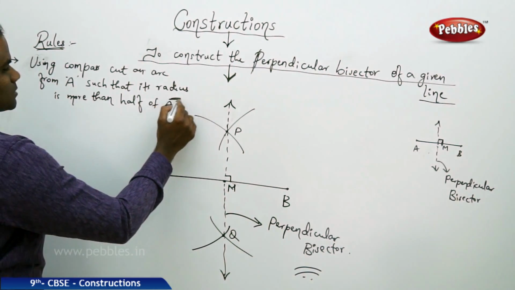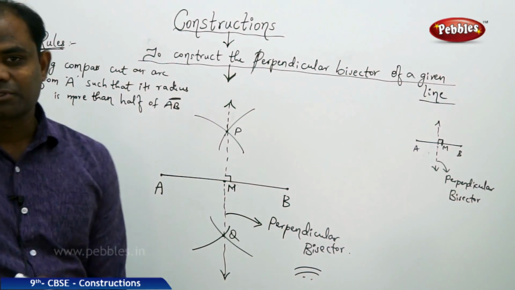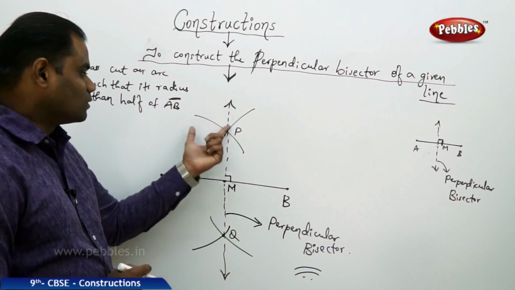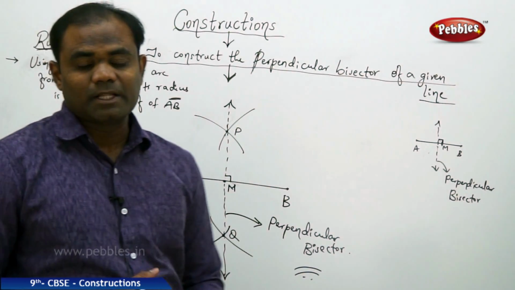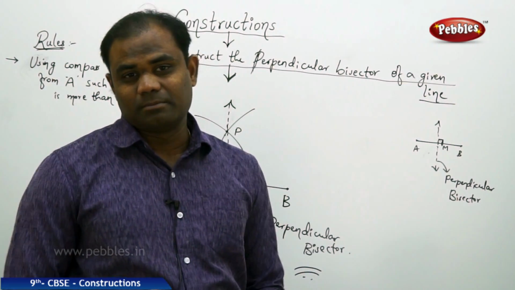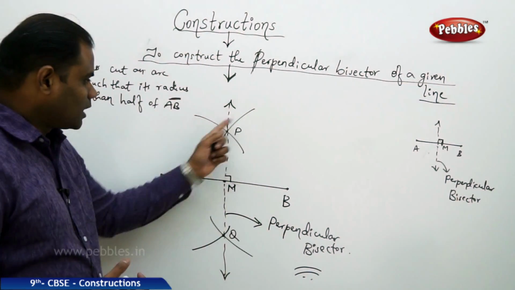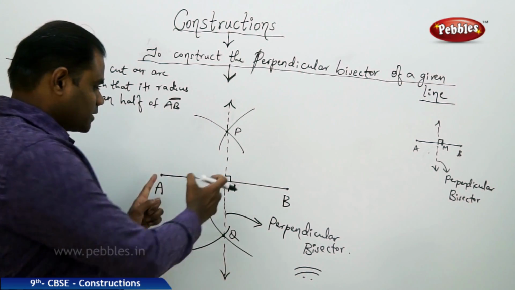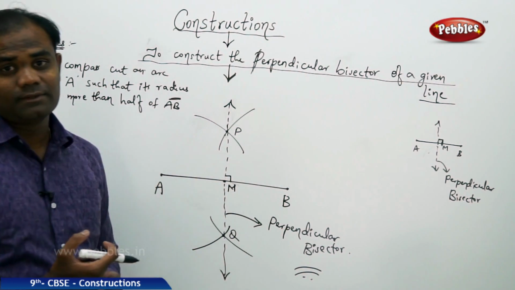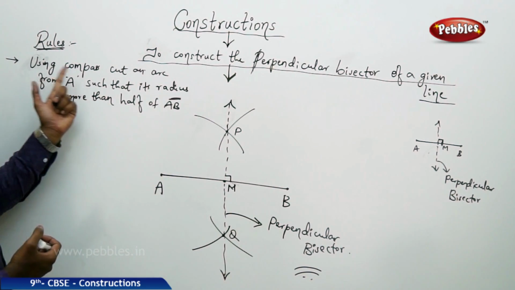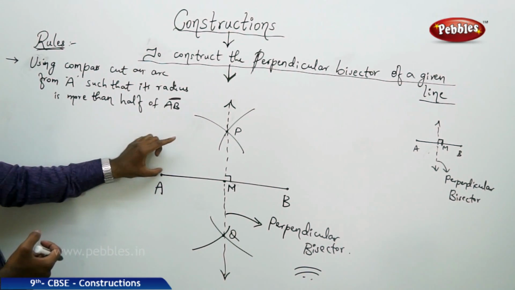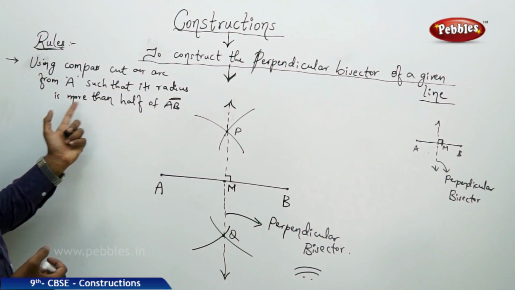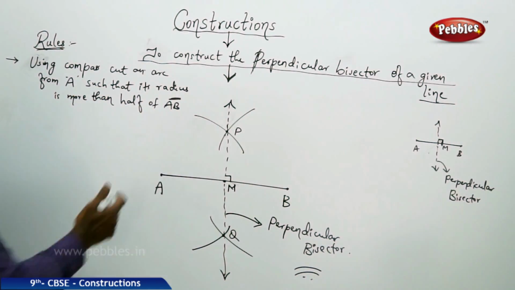This is taken as a precautionary measure, because if you don't take the distance more than half, the two arcs never cut, and there's no question of forming the perpendicular bisector. In order for the two arcs to cut, the rule is that the arcs must be fixed with the radius more than half. So here, using compass, cut an arc from point A such that its radius is more than half of AB.